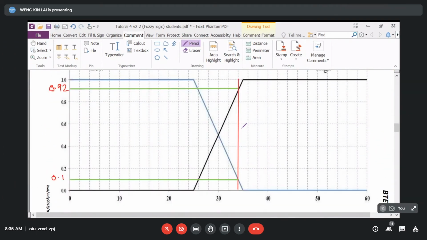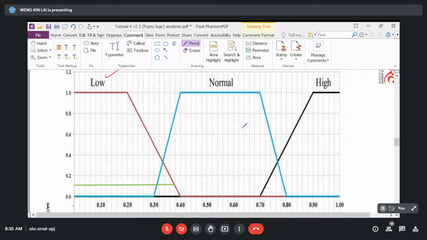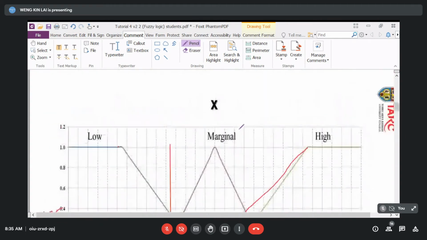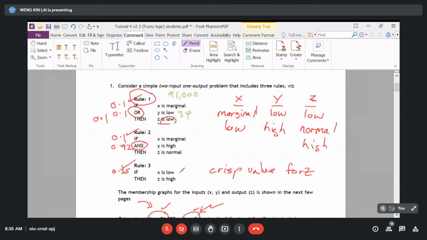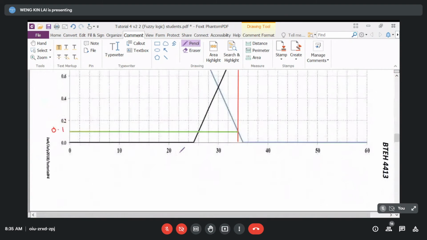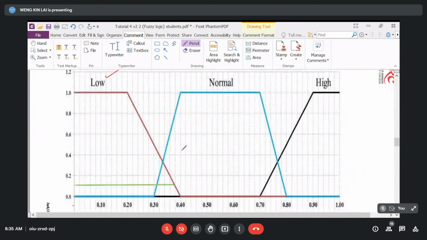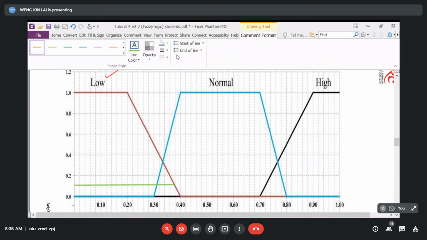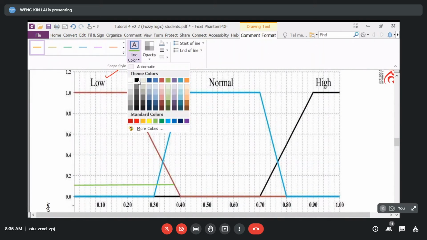So this is 0.1. What is it? 0.1 is what? Normal, isn't it? Normal. So you must also look for the right one to intersect, because now I have 3 memberships here. So again, 0.1. Maybe I can use a different color to differentiate.